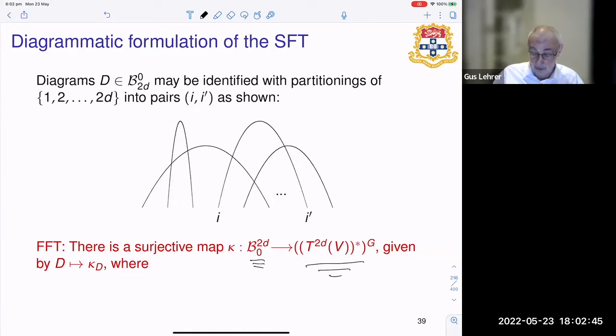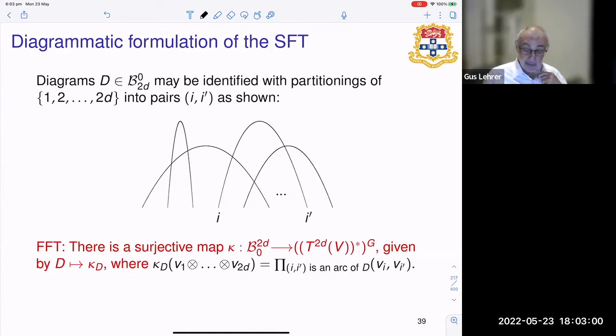We can do it either for the dual or the space itself. It is given by D goes to KD, or kappa D, where kappa D is given by this. Now, there is a small ambiguity, which people may have noticed in the symplectic case, where you have to be a little bit careful about the order in which you take these pairs, VI and VJ.